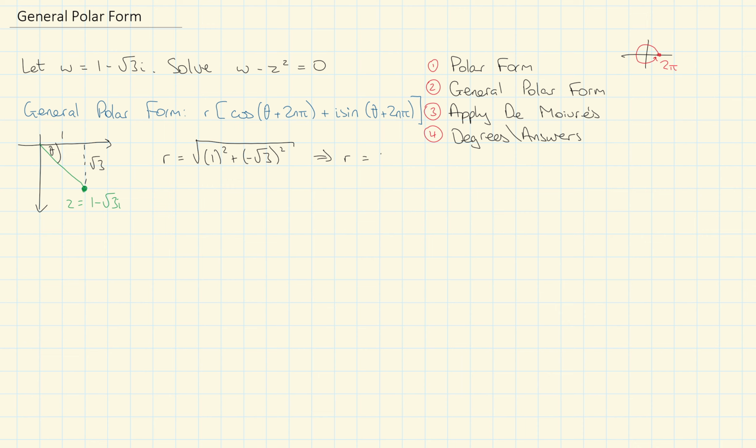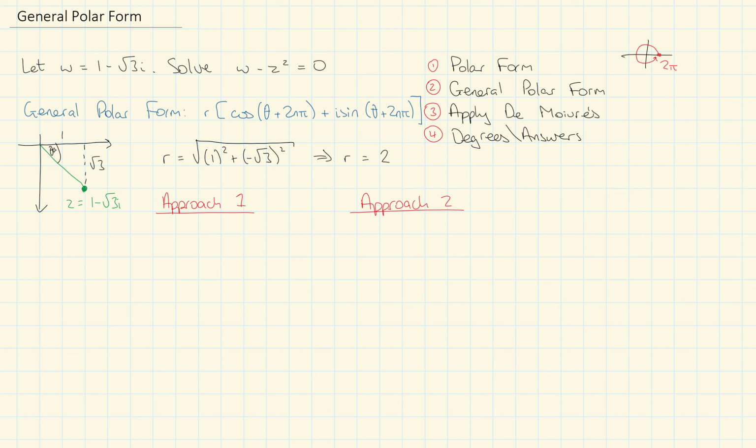Put it into your calculator, and it will give you back 2. Then our angle for theta, we have two options. I'll run through both solutions just to show you how they'll look.